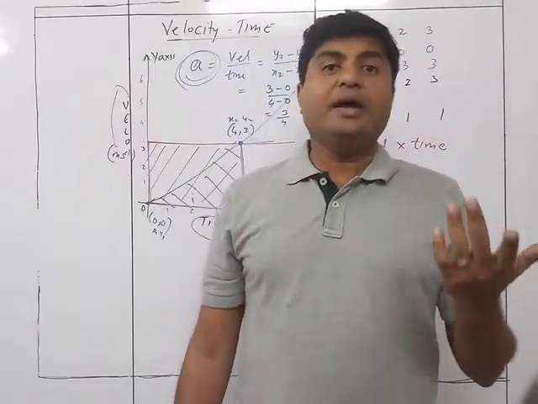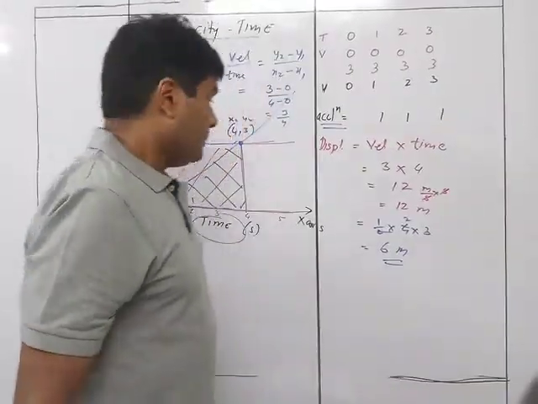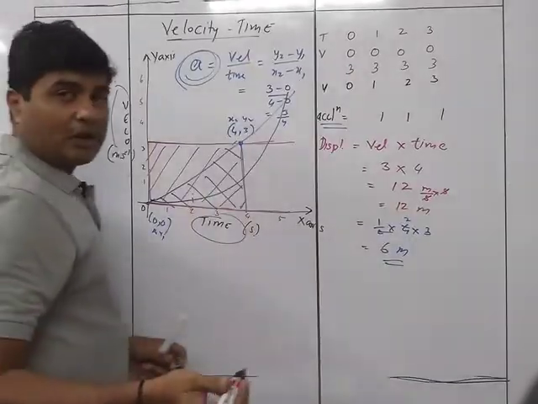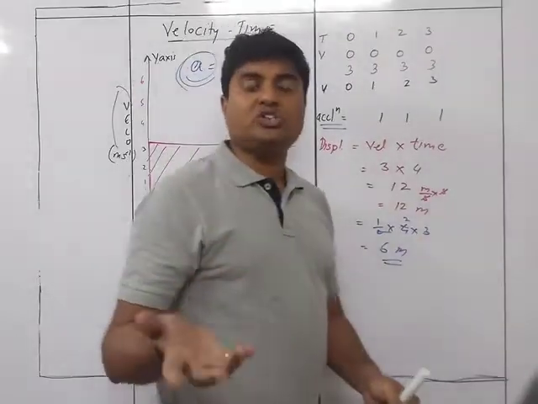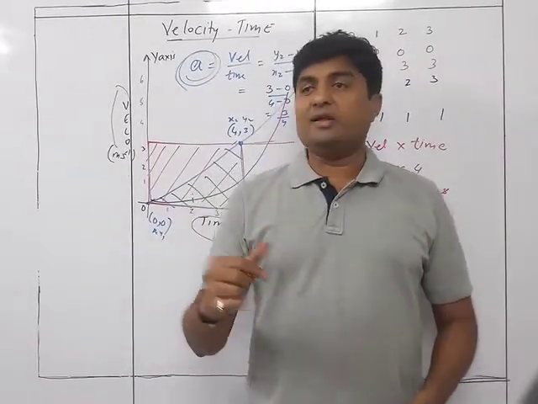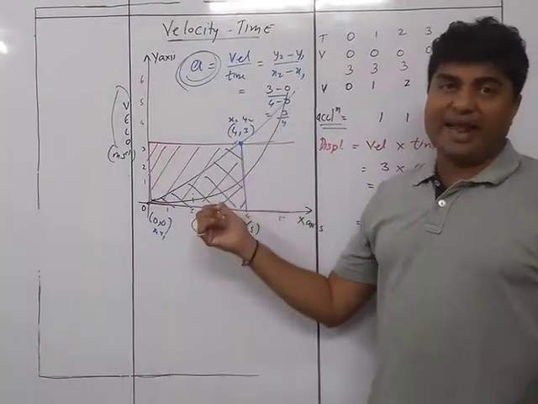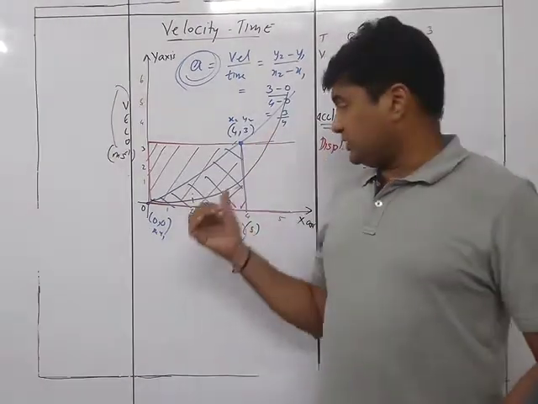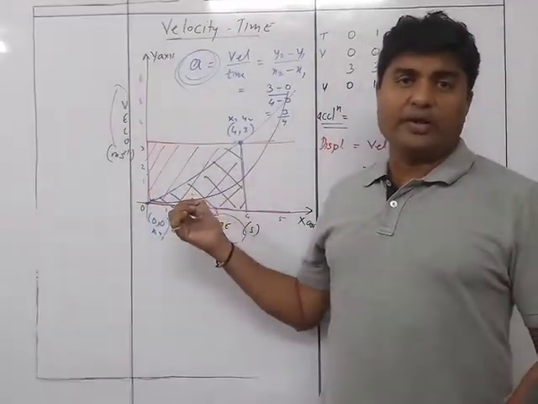Similarly, if there is a motion which is giving you a curve like this, what would a curve mean? That the velocity is keeping on changing in a different form, so it is non-uniform. And the slope, which we find by taking the tangent, will give us the instantaneous acceleration of that body at that particular point.